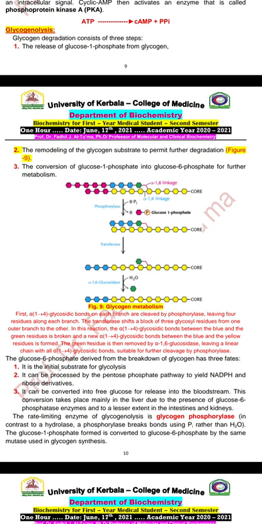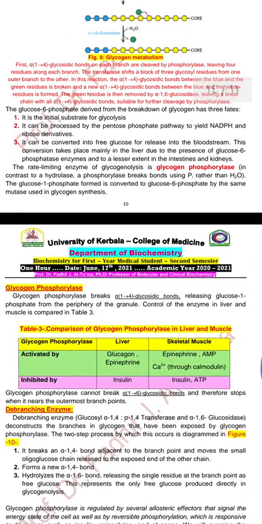Glycogen phosphorylase in liver is activated by glucagon and epinephrine and inhibited by insulin, whereas glycogen phosphorylase in skeletal muscle is activated by epinephrine, adenosine monophosphate, and calcium الموجود through calmodulin, and inhibited by insulin and ATP.